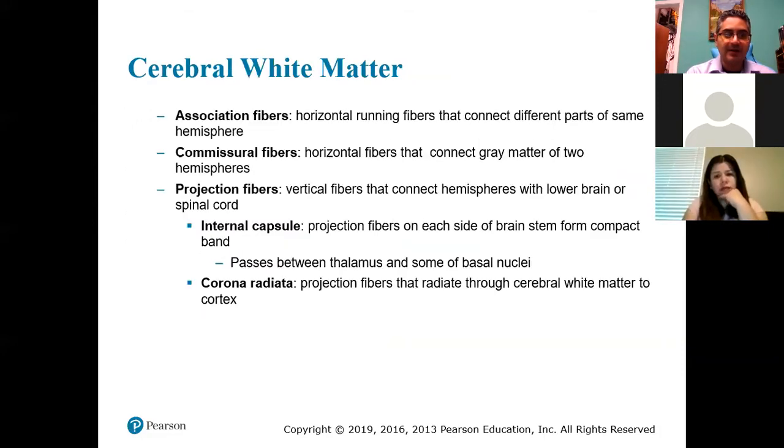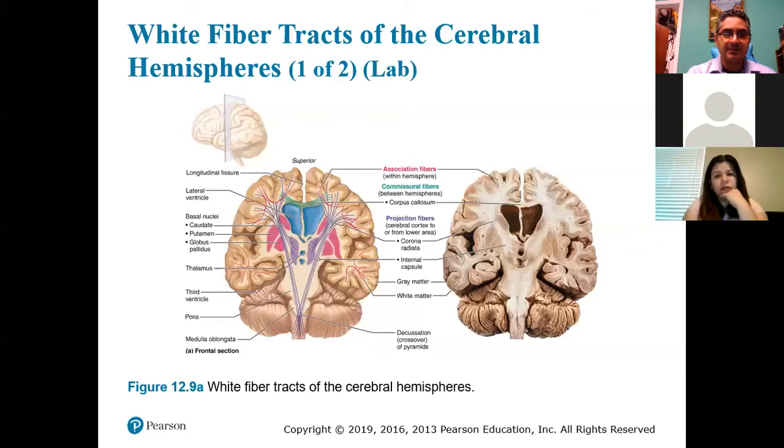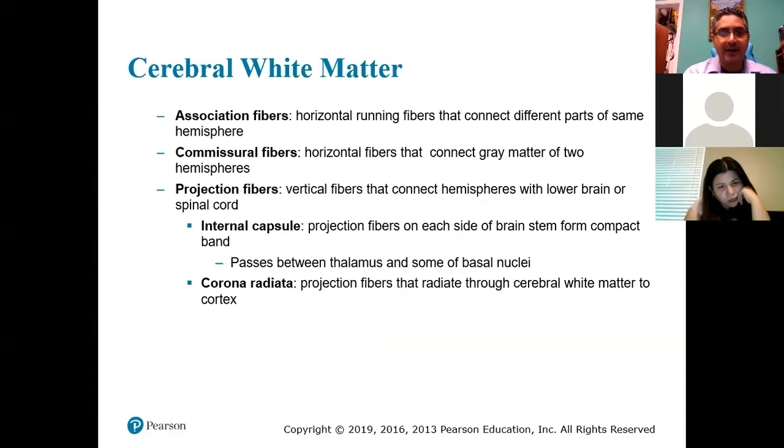If you look at this image, now you're saying, oh, okay, now I understand what he means by run. Here are the association fibers, commissural fibers, right? Now, let's go back, because this is stuff I'll ask you on your exam. How do we identify the association fibers?